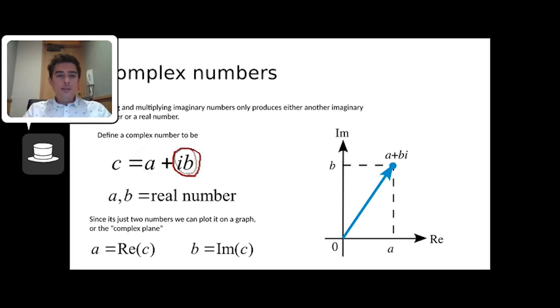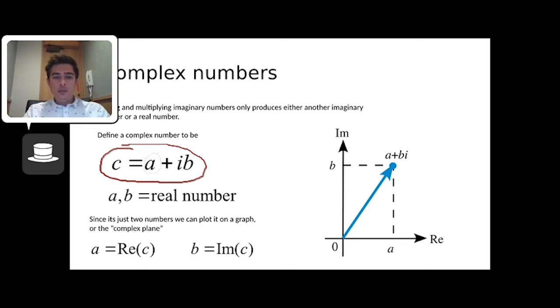You can combine the real number and a complex number, and this makes a more general type of complex number. You might say this part of it is a purely imaginary number, and this part of it is a purely real number because it has no imaginary component if it's just a. And then this c is a more general complex number that you can make.